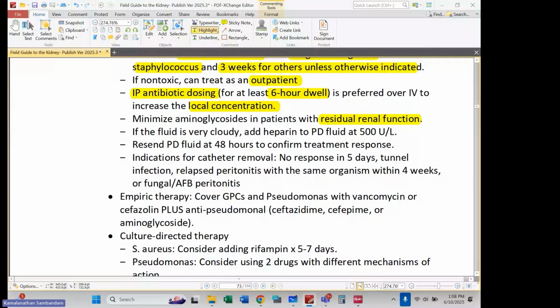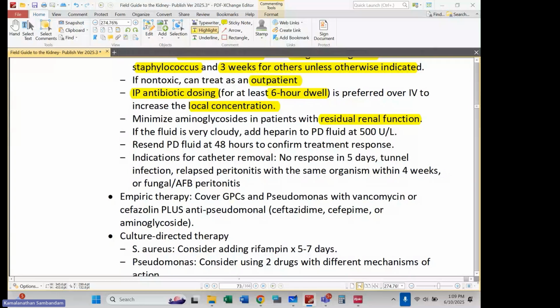Vanc is easier to convince ID to go along with because you measure levels. But when you're giving Vanc plus cefepime and you can't measure the cefepime, that's when they shut you down. They say, no, I'm really not comfortable with this.